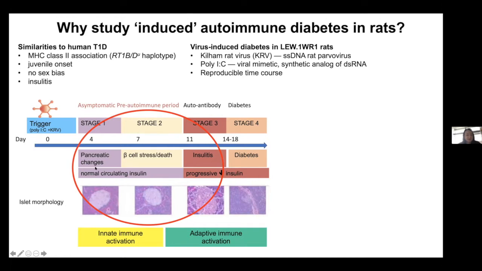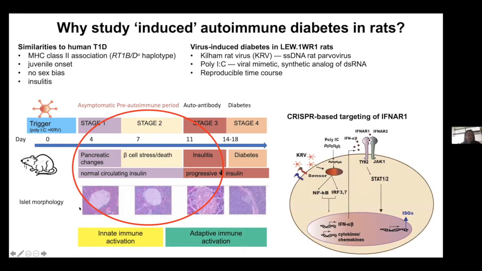So we can look at this over time, and my focus has been to look at these early times in the pre-disease onset to really look at the development. And so we then used CRISPR-based targeting to examine the question, what is the role of the IFNAR receptor in contributing to autoimmune diabetes in this model.